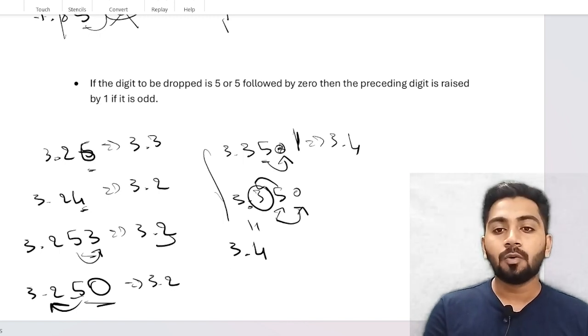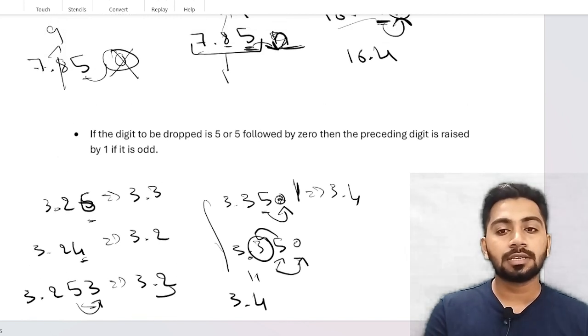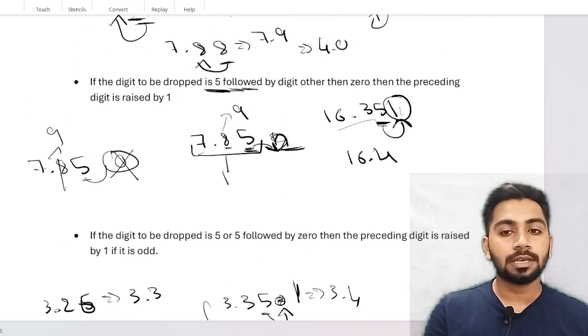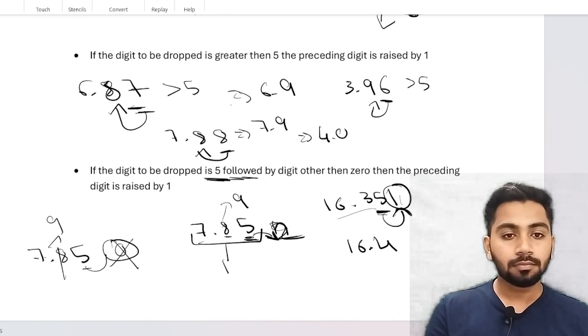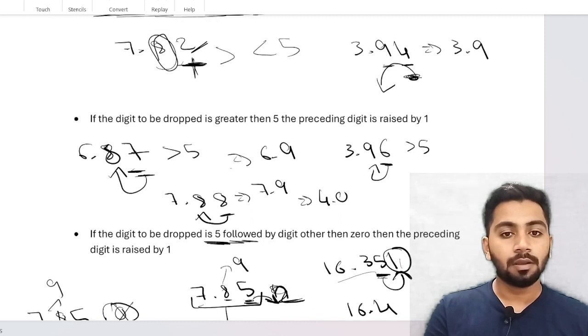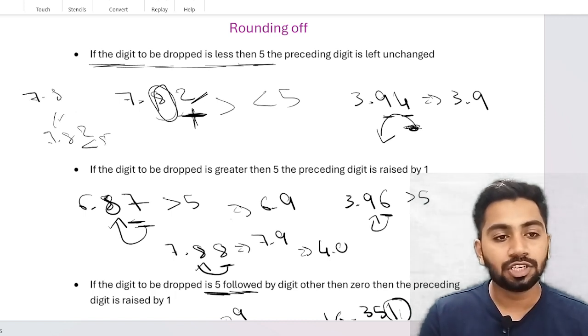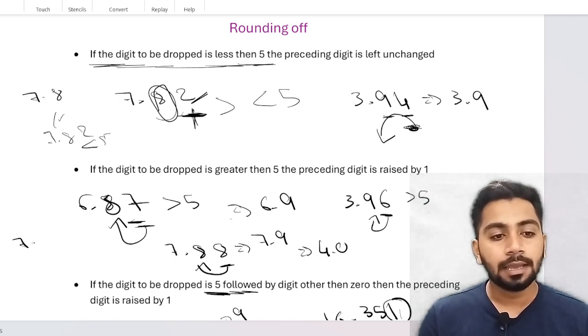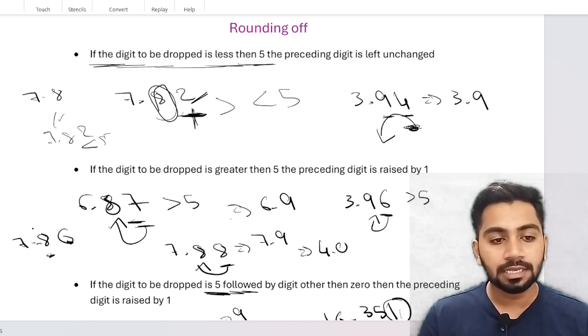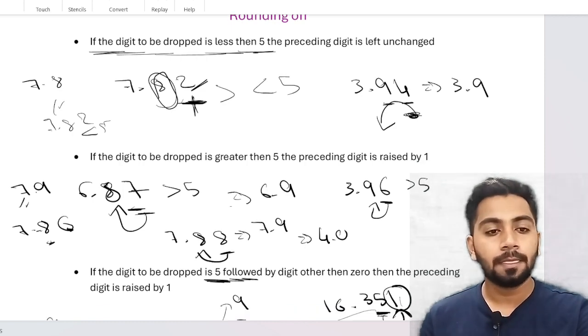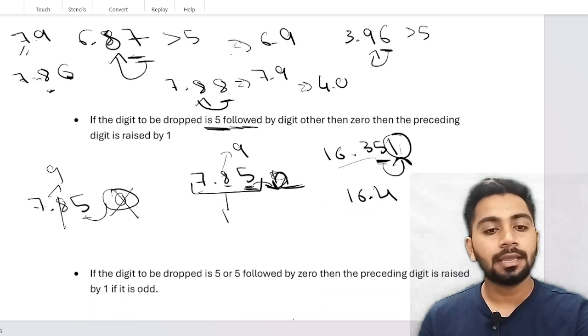Rounding up a number, only 4 cases. One, if any number is less than 5, then this remains same, unchanged. If any number is greater than 5, then you will raise it by one.